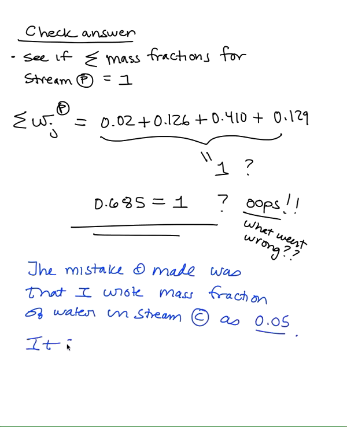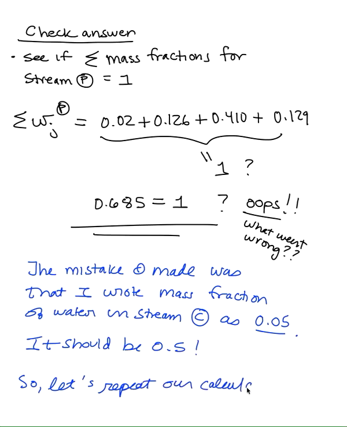I had it right in the diagram, but I didn't get it right in the equation. It should be 0.5. Okay, so let's repeat. I'm going to repeat our calculations, starting at step 3.